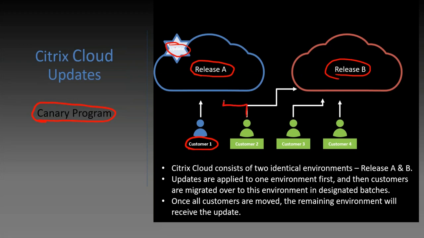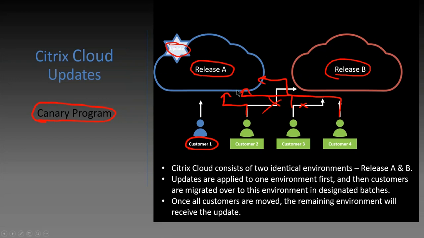So this guy would then come over here, and he would now be in release A. This would be disconnected. Customer 3 would then be rolled out to the system here, and then customer 4, I should say, will come out. So after 4 days, 100% of your customers will have the updates. This is called the Canary Program. This is something you can opt into if you need to.